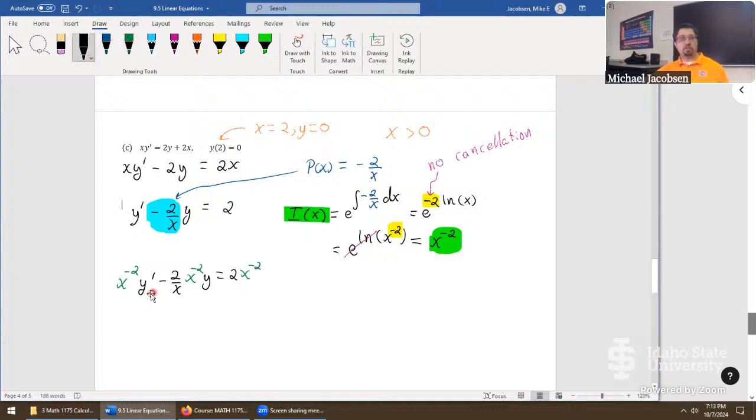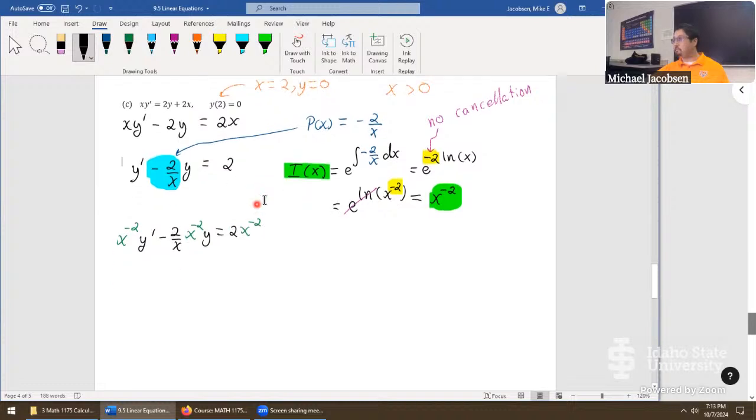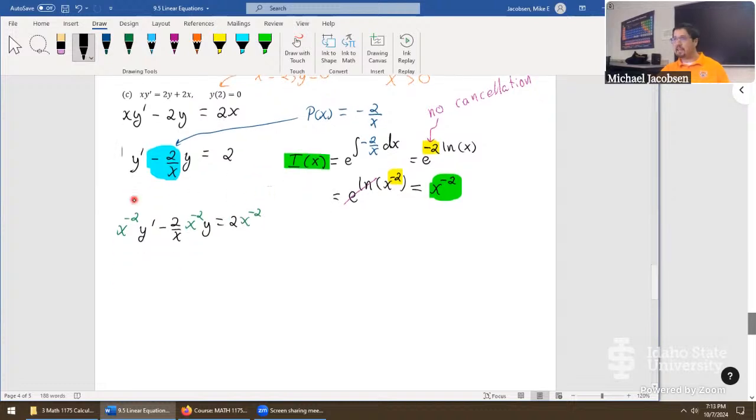So next step is just going to be to simplify some of this stuff, make it more presentable. Here it's okay right where the red dot is, x power -2 y prime. Over here, we need to consolidate base x, divide this x into x power -2, and we have -2 x power -3 y equals 2 x power -2. So this is where we land so far.